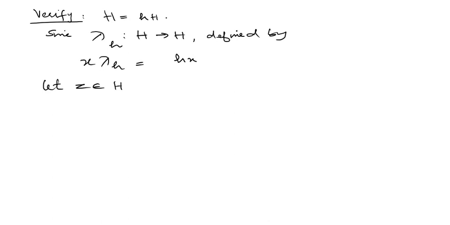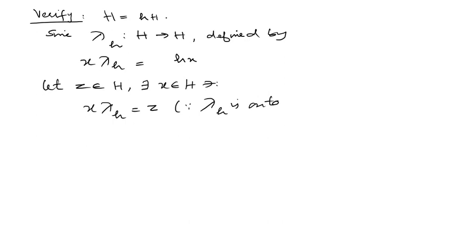Since we have a bijection from H to H, that means there exists some x in H such that x lambda h is equal to z, because lambda h is onto. So this is the reason.